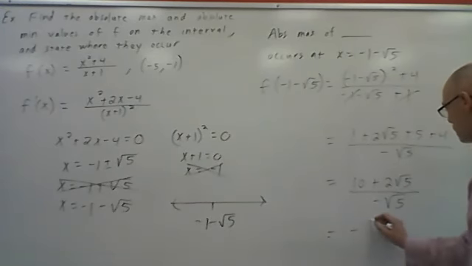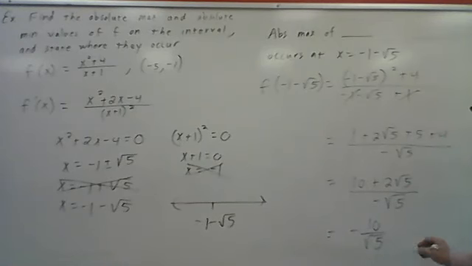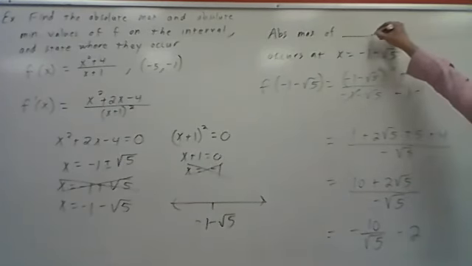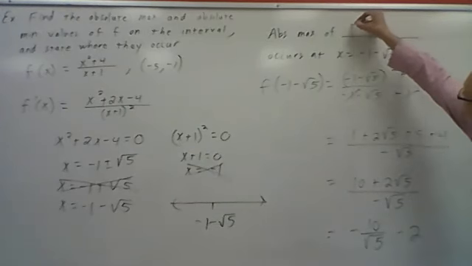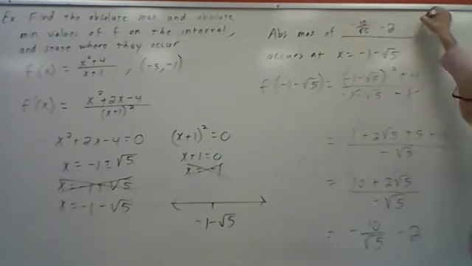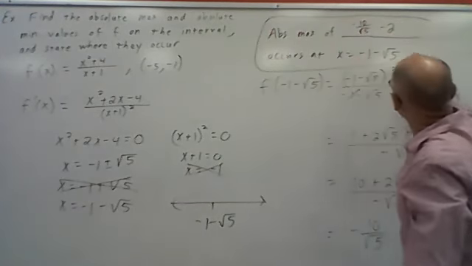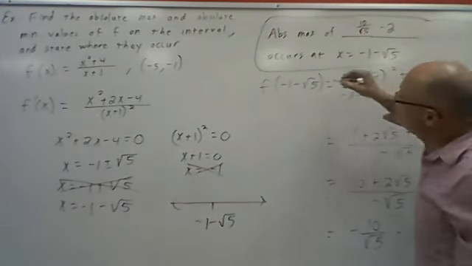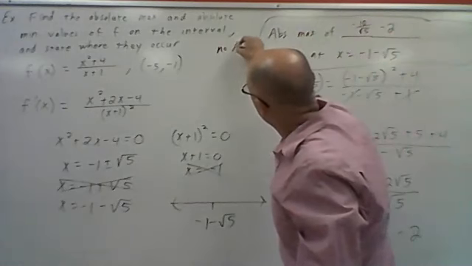That gives me -10 over the square root of 5, minus 2. And that is my absolute max: -10 over the square root of 5, minus 2. Absolute max occurs there. And I guess I need to note: no absolute min.